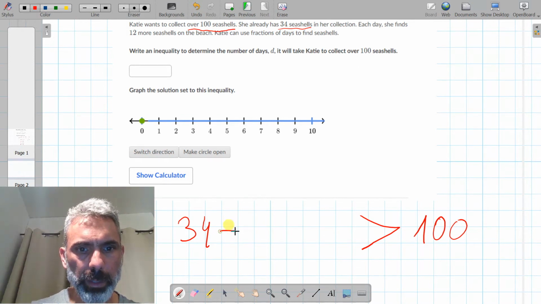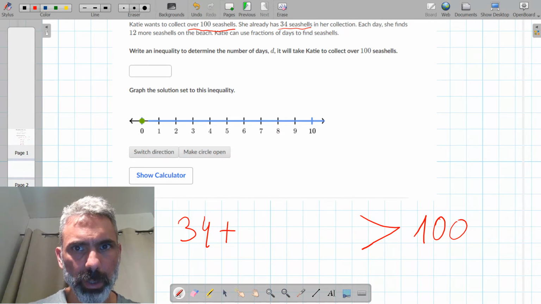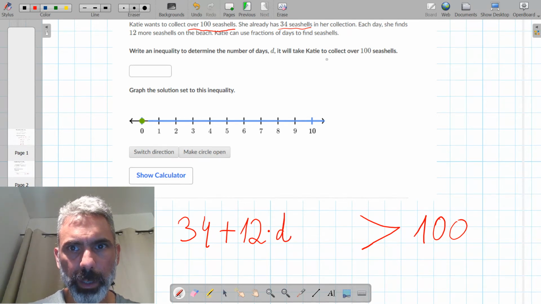So we need to add to the 34 initial seashells she has in her collection the 12 more seashells she finds each day. So 12 times D, where D is the number of days it will take Katie to collect over 100 seashells.